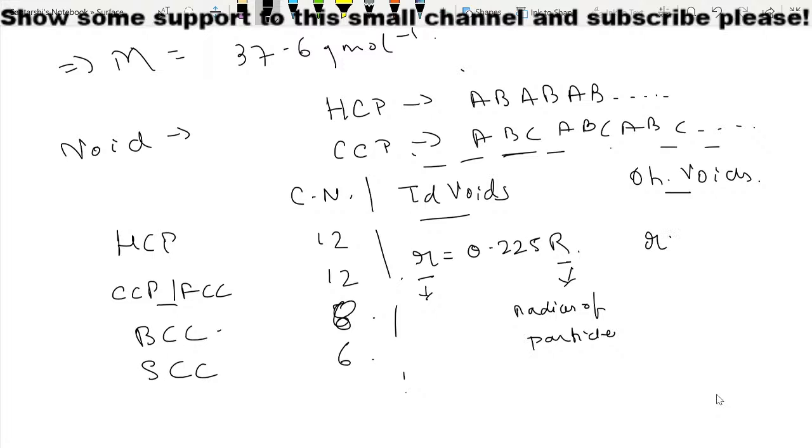Similarly, for an octahedral void, r is equal to 0.414 R, where r is the radius of the void and capital R is the radius of the particle.